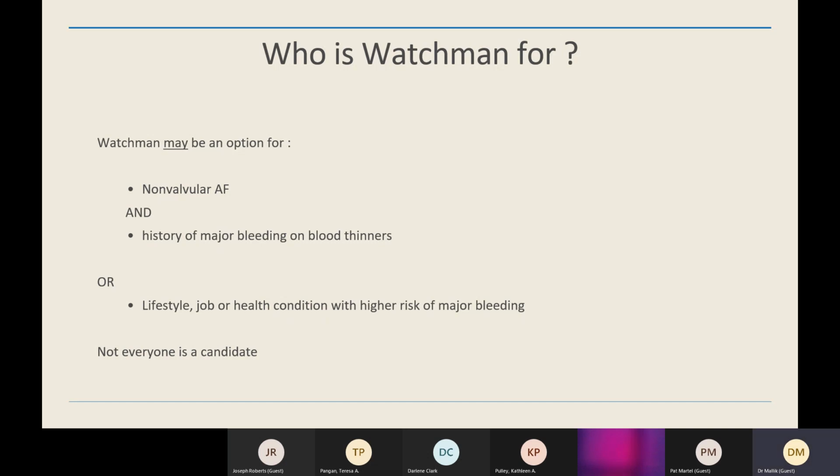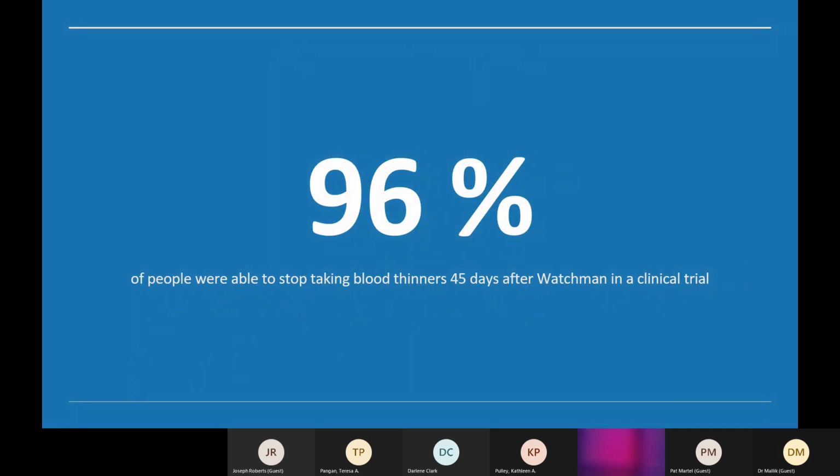Obviously, not everyone is a candidate, but my perception is that over the next few years, this is going to become more and more of an option for more and more people. When we put in WATCHMAN, our goal is to get people off blood thinners.